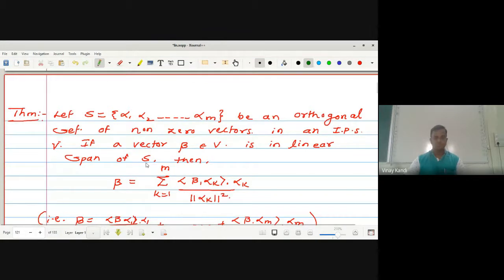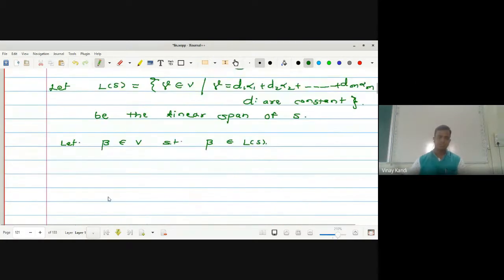If a vector is in the linear span of S, then the nature of that beta will be like this. So here beta belongs to the linear span of S. Then this beta we can write as a linear combination C1 alpha 1 plus C2 alpha 2 plus up to so on Cm alpha m, by definition of L of S. Any doubt?